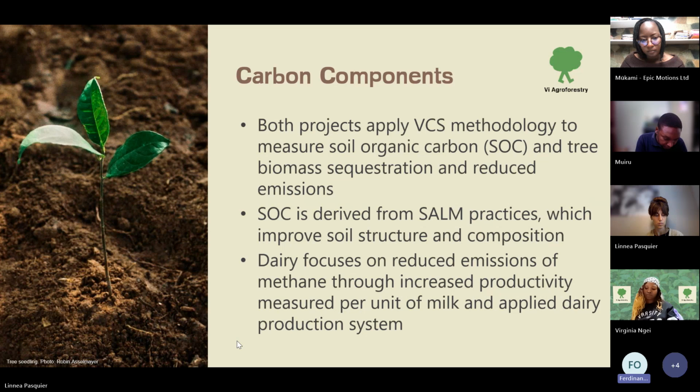Or if you have a large farm, you can paddock and still graze them at the same time. So that is semi-intensive. Those three systems have an implication on efficiency and on how much carbon emission is reduced.